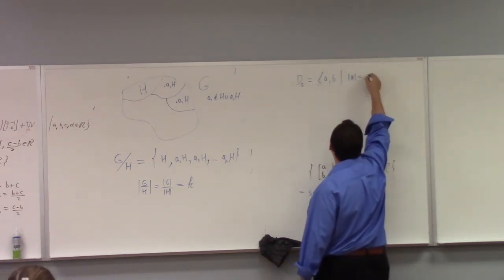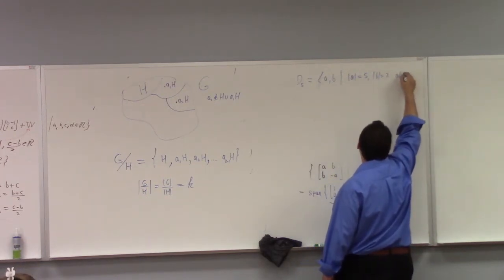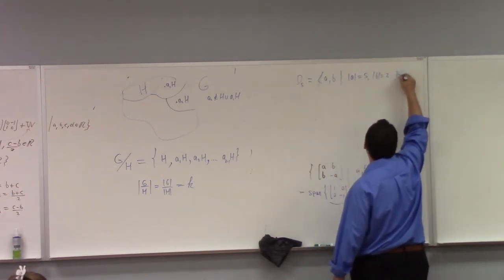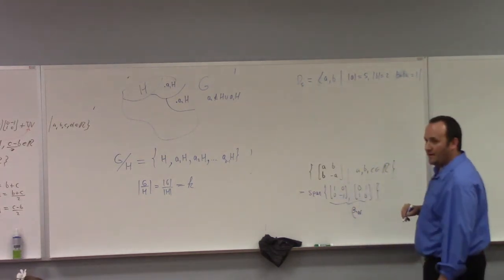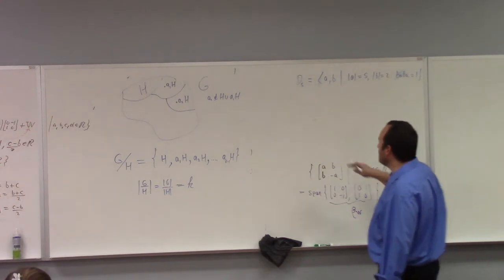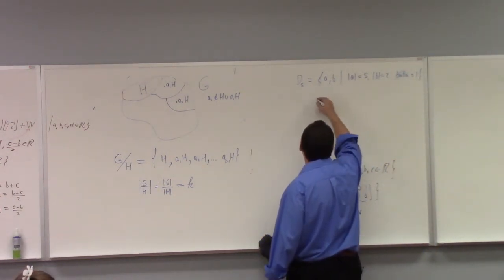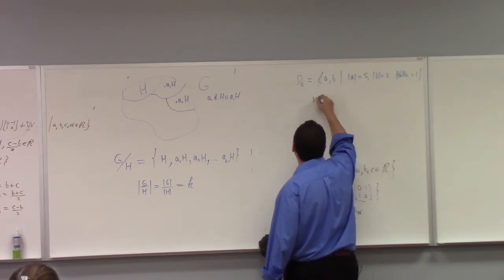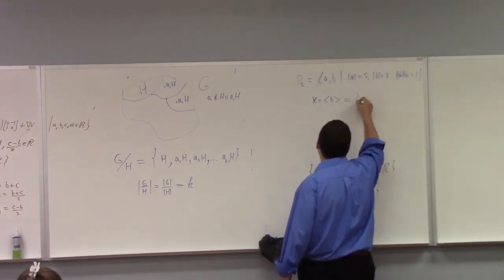The order of A is equal to 5, the order of B is equal to 2, and I just like to say BABA equals 1 is one way we could say it. However you want to capture that identity. But if we are to look at, for example, the subgroup K generated by B, it's got 1 in it, right?